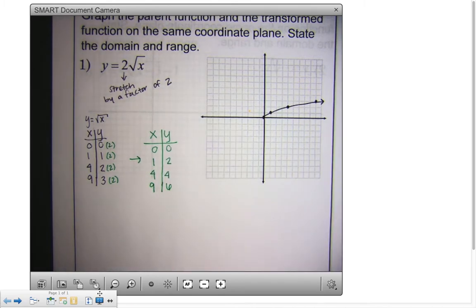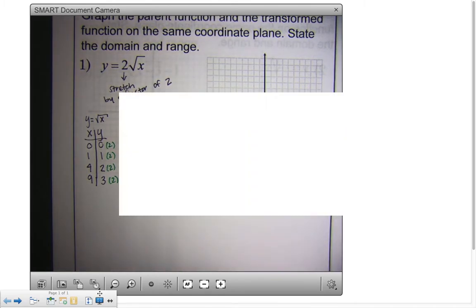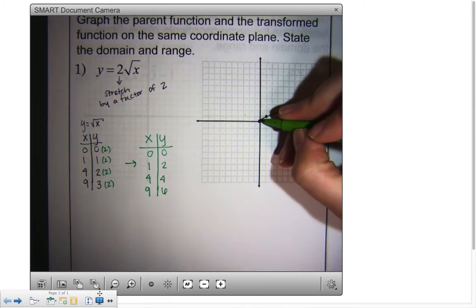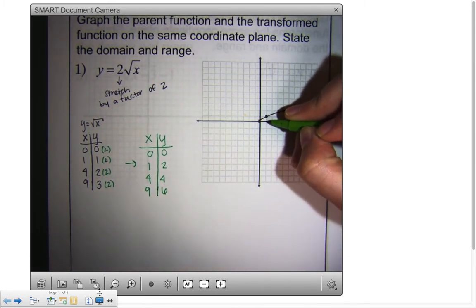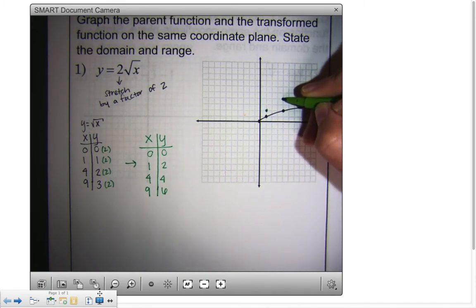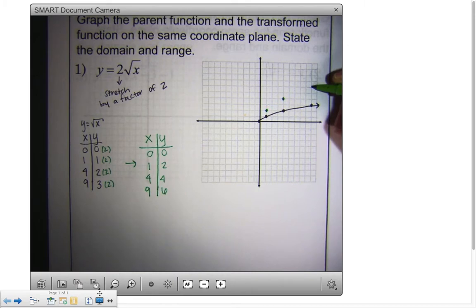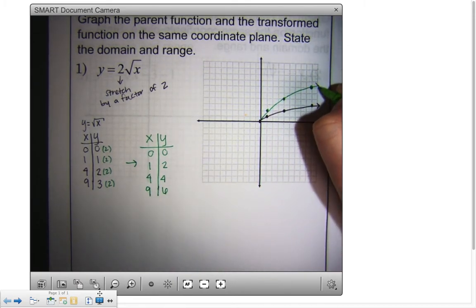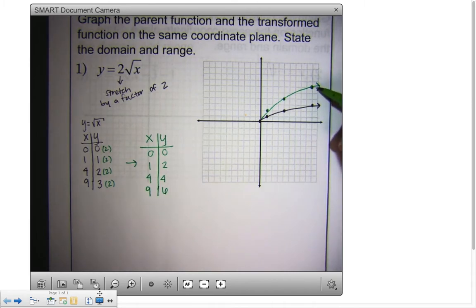So there's my new points to plot for my transformed graph. So 0, 0 didn't change, but I stretched a little bit here, up to 2, up to 4, and up to 6. So we ended up with a little bit wider of a graph.